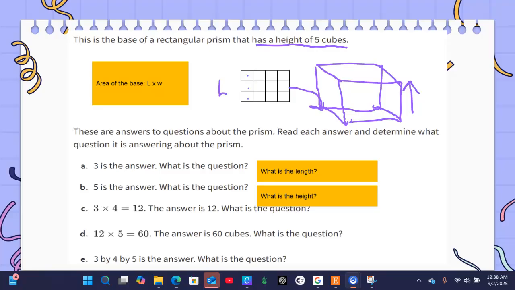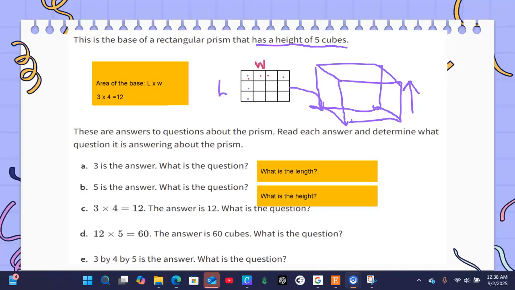And so we're going to type 3 times 4 equals 12, because we have 3 right here and we see 4. Let's change our color. 1, 2, 3, 4. So that would mean this would be our width.